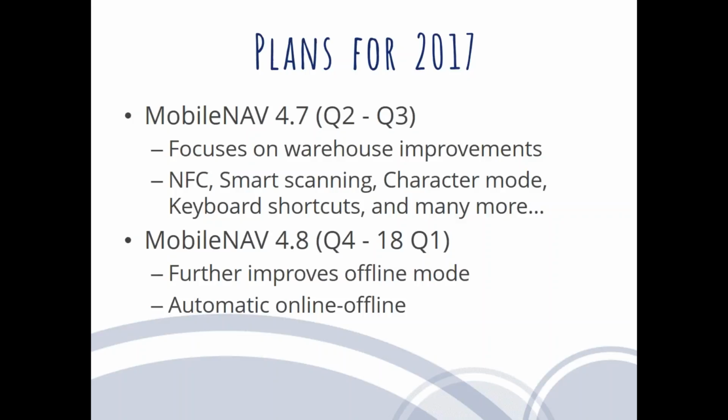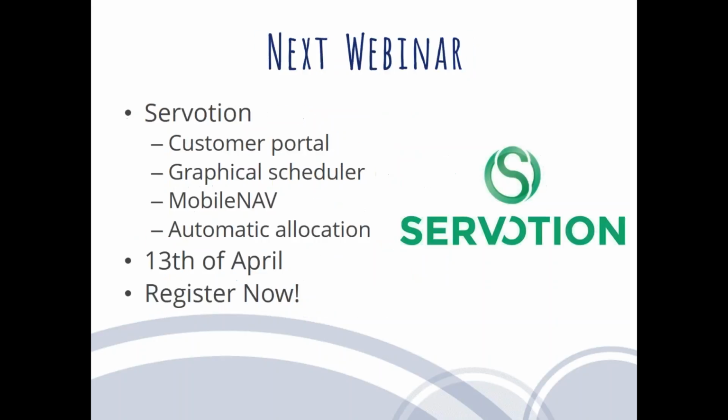You just need to decide, okay, do I want to have my business critical data always available, or can I restrict that for the time when I have mobile reception? But you don't need to switch between online and offline anymore with this feature. So I hope that you are really excited about that as well.